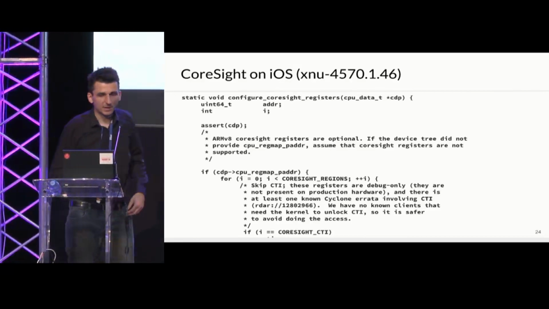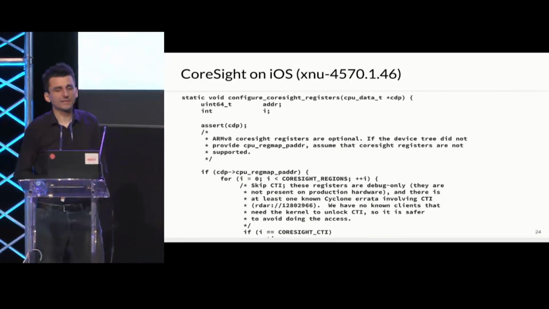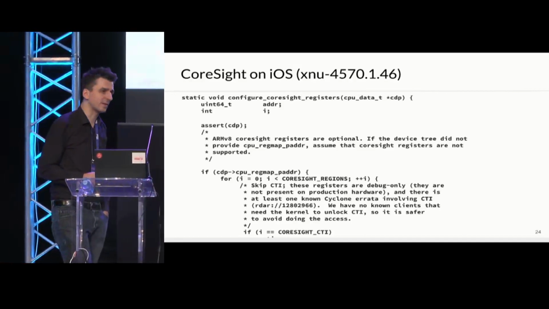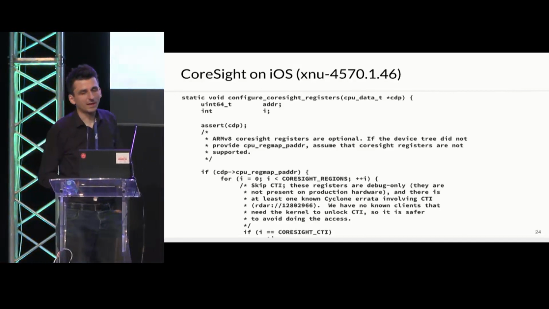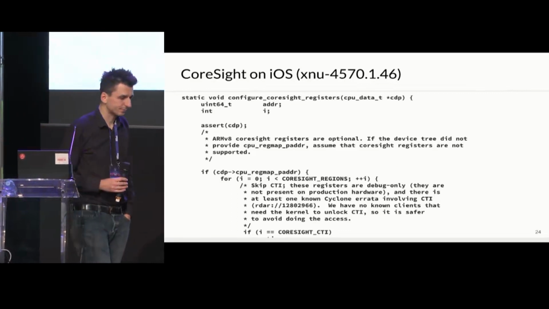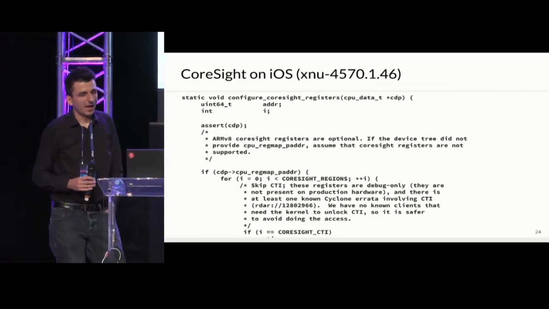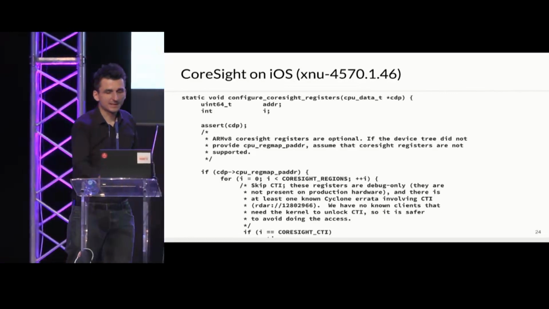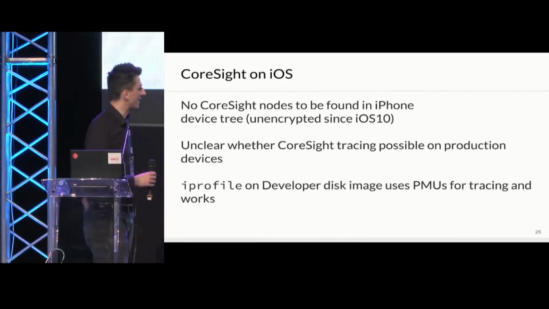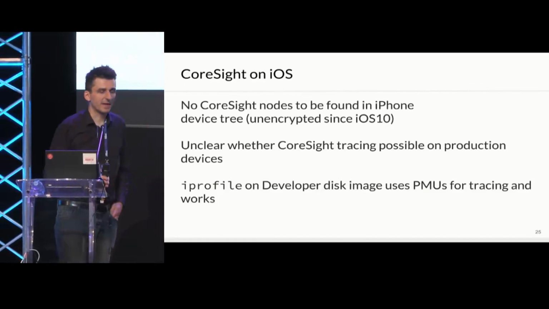Now Apple has released source code, and it looks like, yes, they do have CoreSight tracing support, but only on non-production devices. And I have looked at device trees for various iPhones I have.